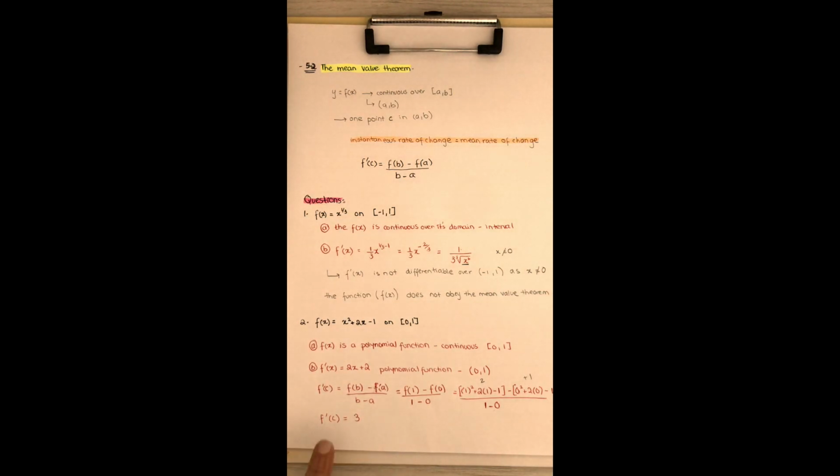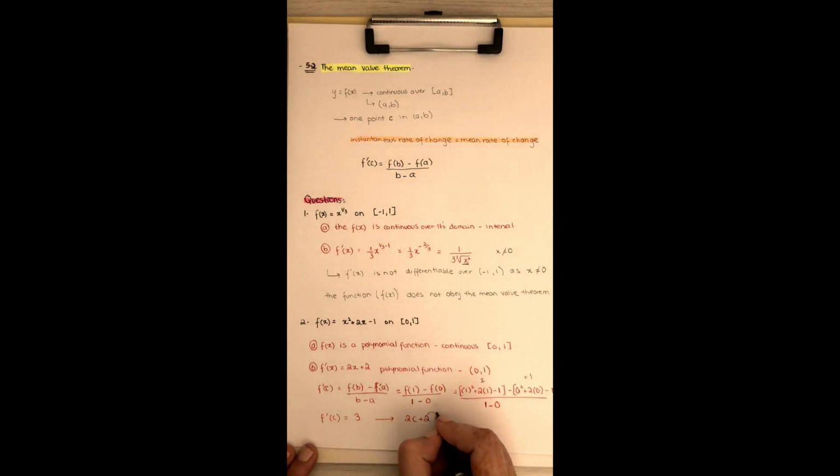But f prime of c is the same as f prime of x, so I can replace f prime of c by the derivative, replacing every x by a c. This can be written as 2c plus 2 equals 3.